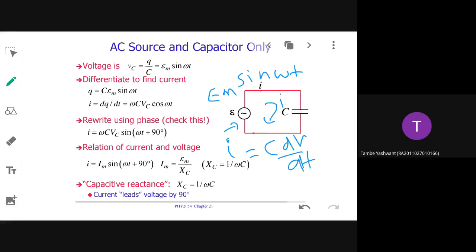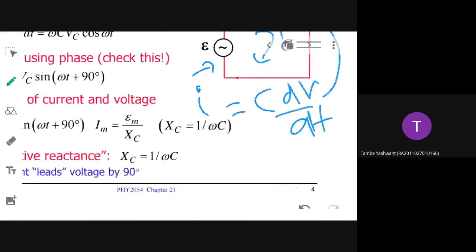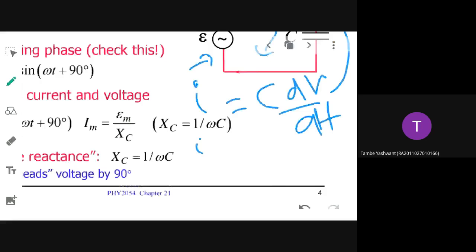V is the term that I know, that is equivalent to Em sin omega t. If I differentiate that voltage, what will be the I that I get? I is equal to C d by dt of Em sin omega t.